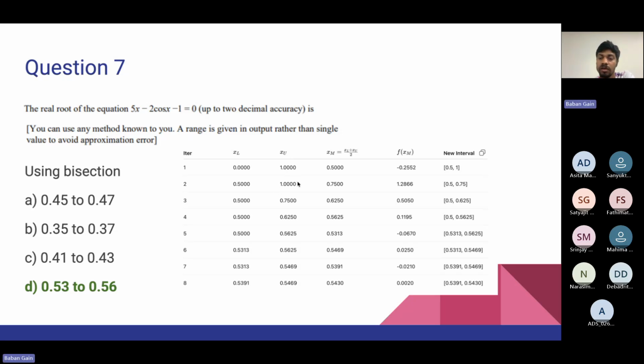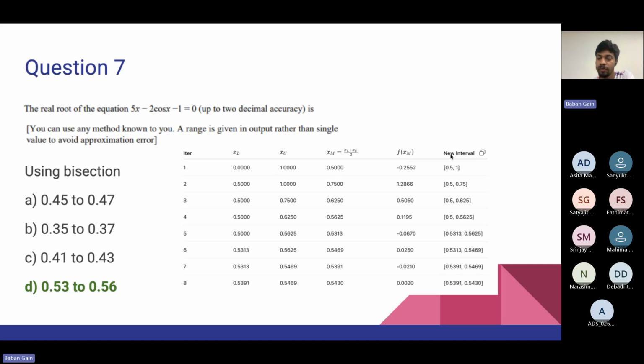Again I calculate the midpoint and the value, which is now 1.28. Since 1.28 is more than 0, the midpoint goes to the upper position and the lower position remains the same. So if it is greater than 0, the midpoint goes to the upper, and if it is less than 0, the midpoint goes to the lower.